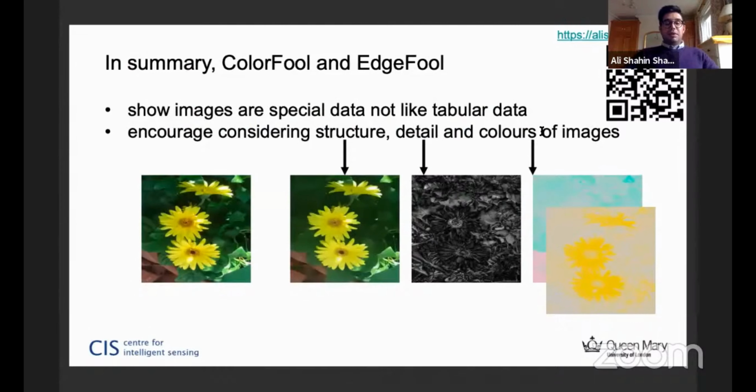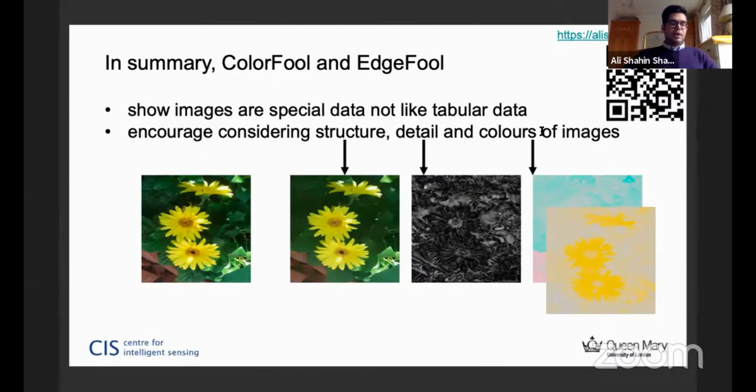The takeaway from my presentation is that if you would like to work on images and design your machine learning algorithm, it's better to look inside the images, at the content and image semantics, as we saw in the presentation.